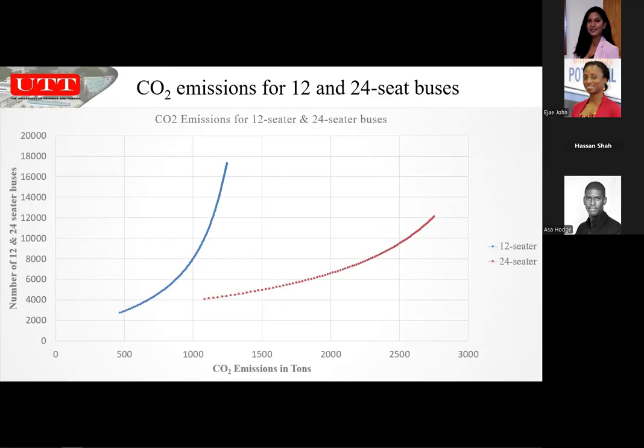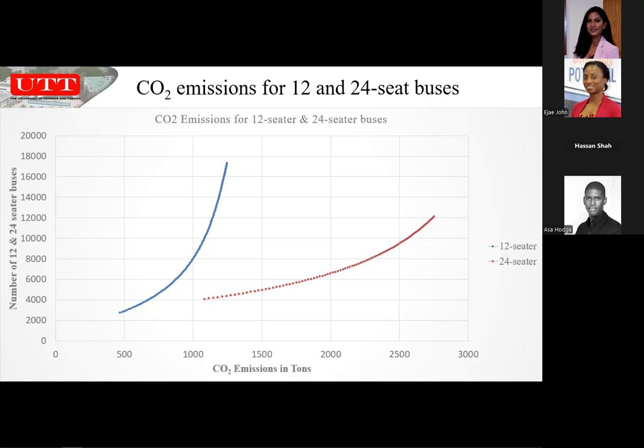Next, we have the carbon dioxide comparison between the 12-seater, which is the blue curve, and the 24-seater, the red curve. And we can see that the 24-seater produces more CO2 emissions in tons than the 12-seater. And this is due to the model that we chose.